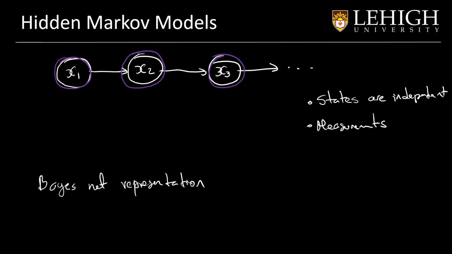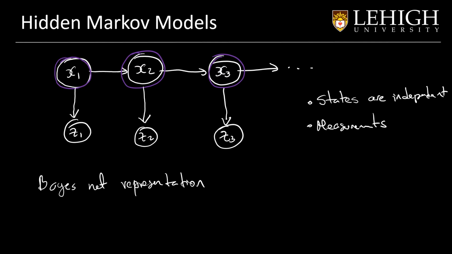So we will have some measurements for every time step. We have access to this variable, the only problem is that this variable has some error. Additionally, we also have control inputs, and the control inputs can only influence the current time step.